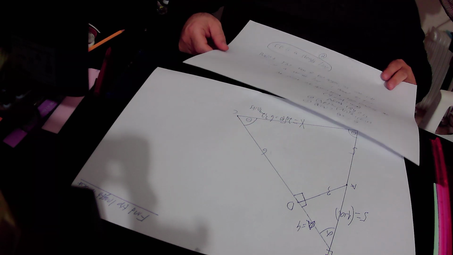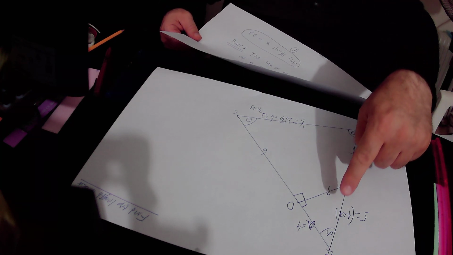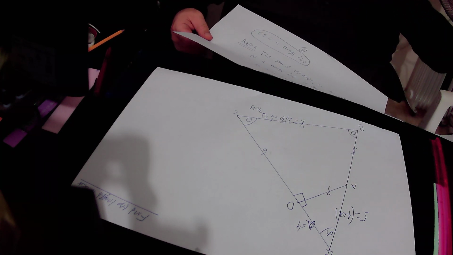So we can implement the Pythagoras theorem on the small right triangle EDA.